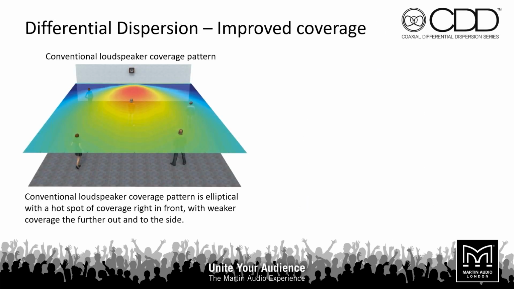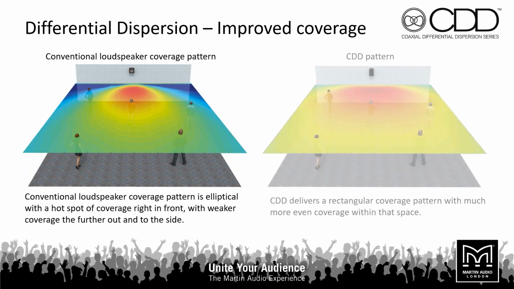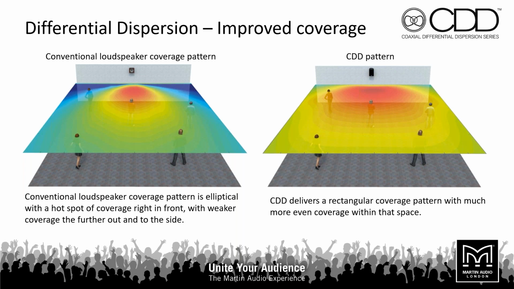So here we have a conventional standard XY loudspeaker, and here we have a CDD dispersion pattern. Now, in order to achieve the response in the near field with a comparative XY loudspeaker, you would need maybe an Adorn A55, for example, which also has 110 degrees in the near field.